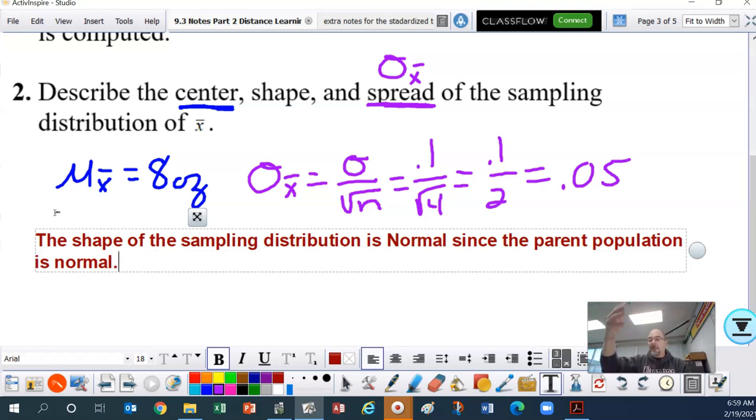The parent population is the whole population, okay? So that's how I know the center. The center again is the mean. The spread is the standard deviation divided by the square root of the sample size. And the shape is going to also be normal because the parent population is normal. All right, let's keep going.